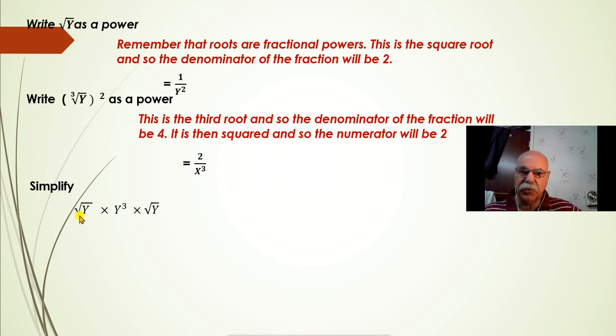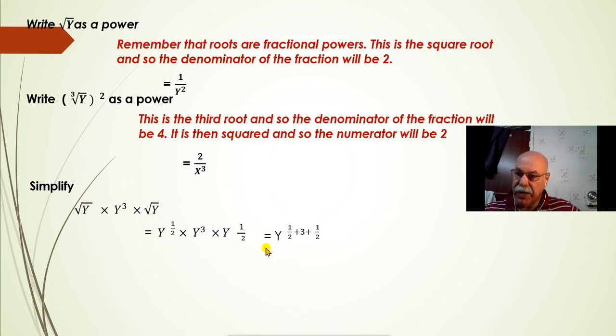Simplify: square root of y times y cube times square root of y. In this case, the root changes to a power: y power half, times y cube, times y also power half.